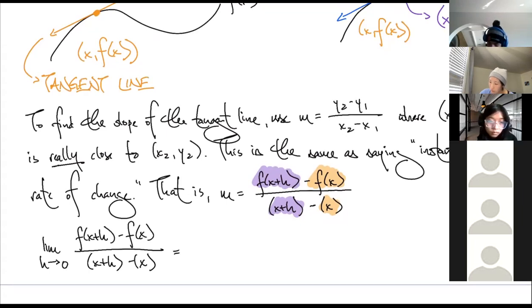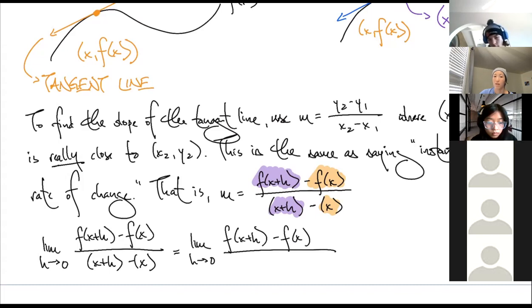Now let's simplify this a little bit. I don't know what the numerator is, so I'm going to keep it in function notation. But what does the denominator simplify to? X plus h minus x leaves us with h.